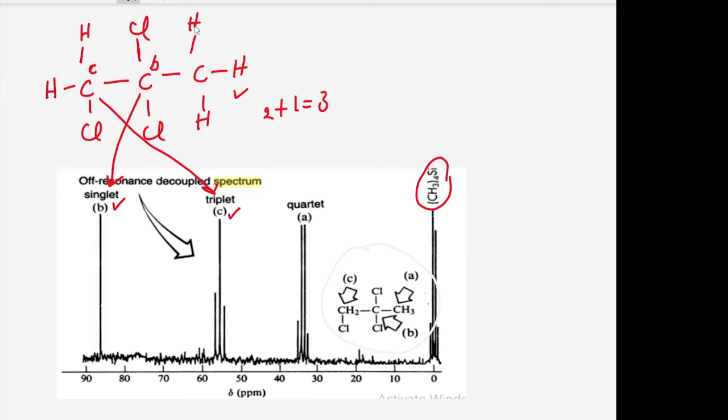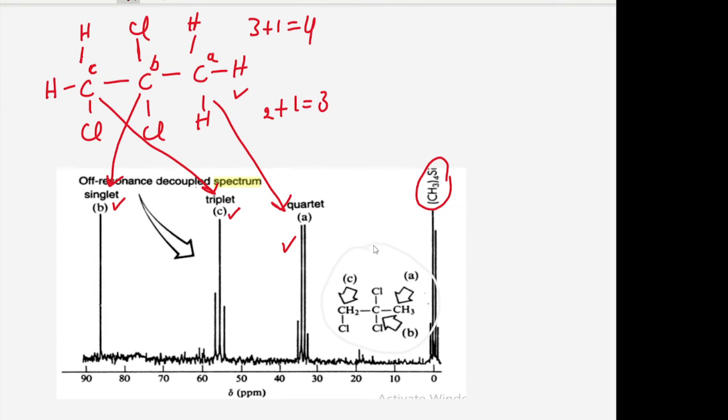When I say 3 protons, in the proton spectrum we count this as only a single type of proton, but here all 3 protons will count in the splitting: 3 plus 1, so 4. So it will give us a quartet. This is a quartet signal, so this type of carbon will give us a quartet.